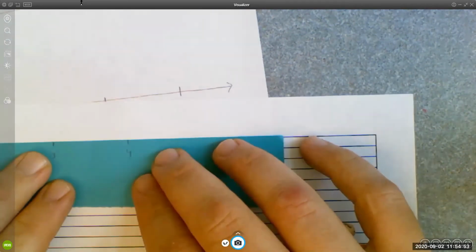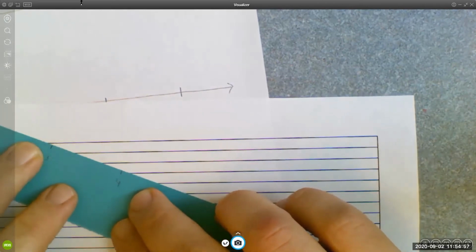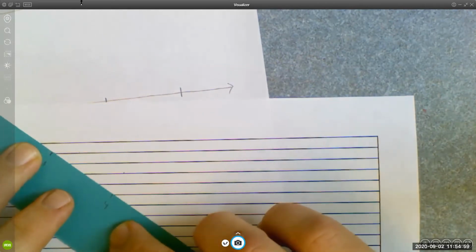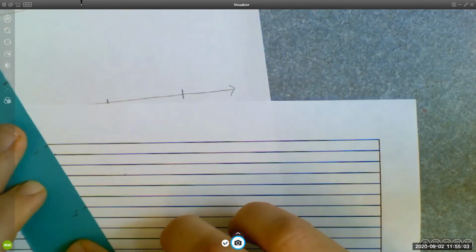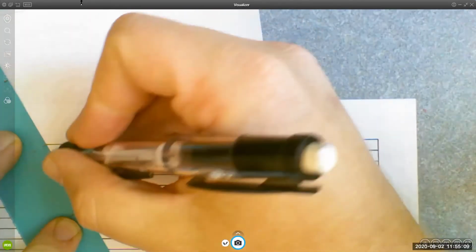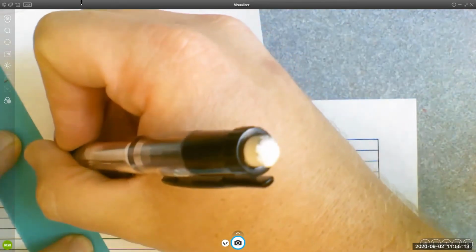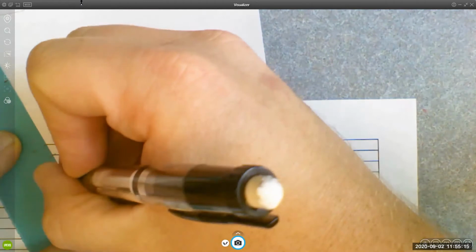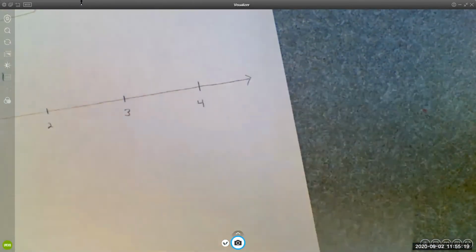So I'm gonna try to split this into 6 parts. 1, 2, 3, 4, 5, and 6. Okay. 1, 2, 3, 4, 5, 6. Yep. Okay. This will work out a little better, I guess.